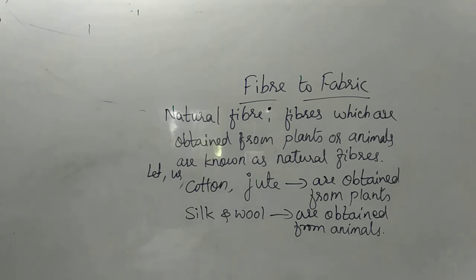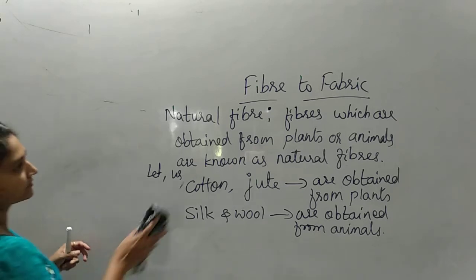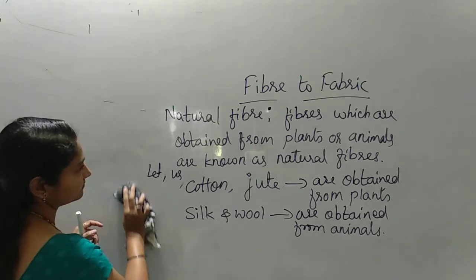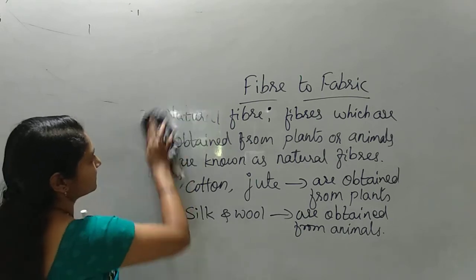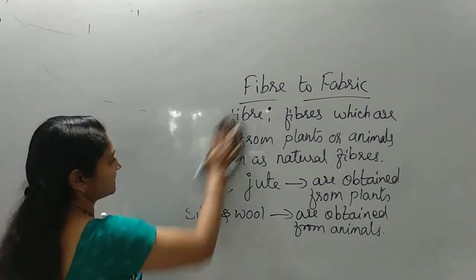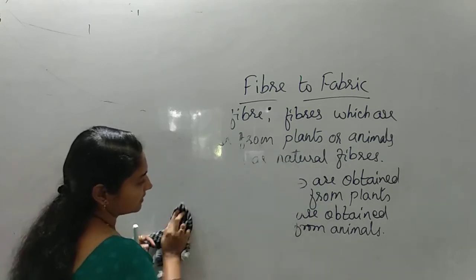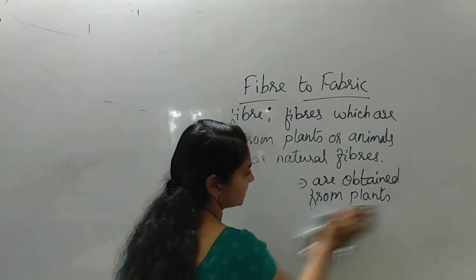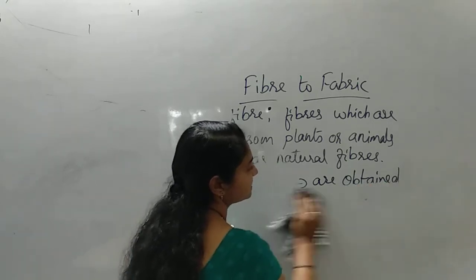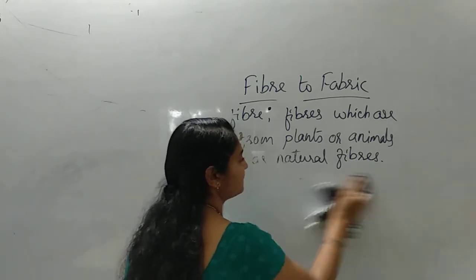So silk fiber is drawn from the cocoon of the silkworm. So here I will just drop this one. We will take the plant fibers, cotton and jute.